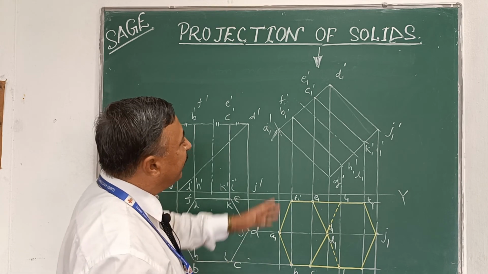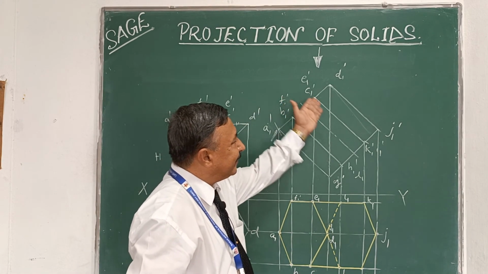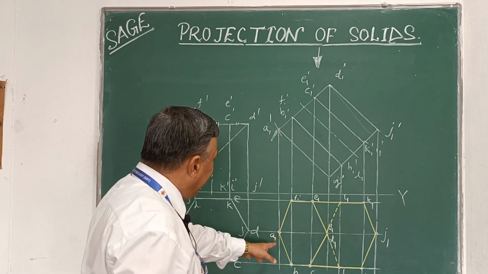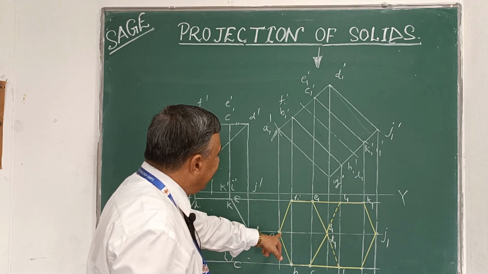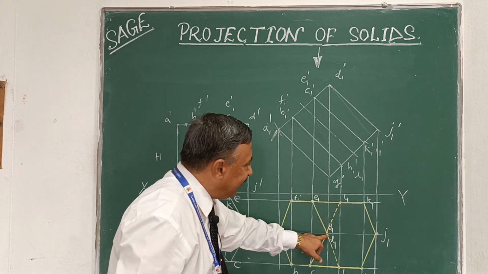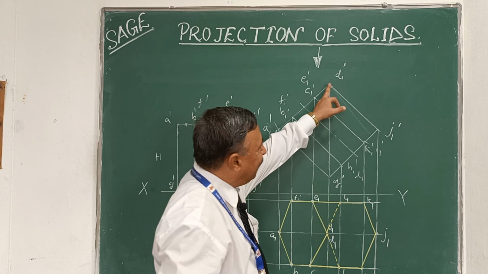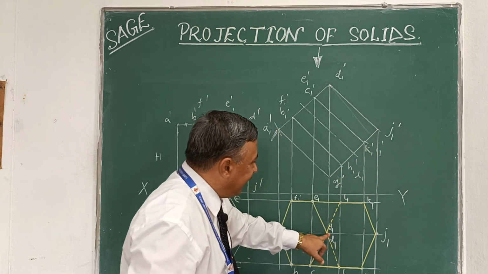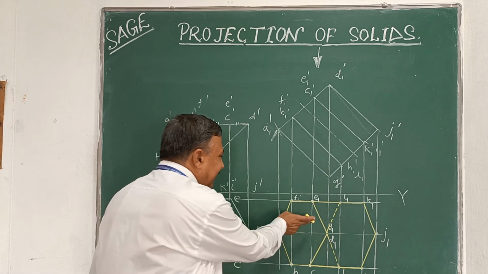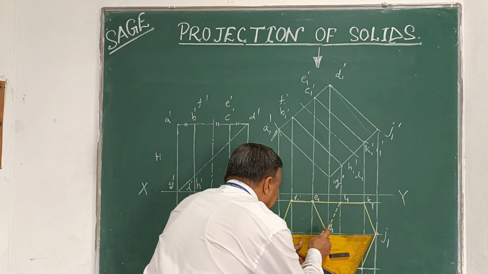Now we have to complete the edge of face. Now see here, we have to draw one edge of face, that is AG. And next edge of face, that is DJ. Now how do we draw? See, this is the base hidden, so we have to draw it.